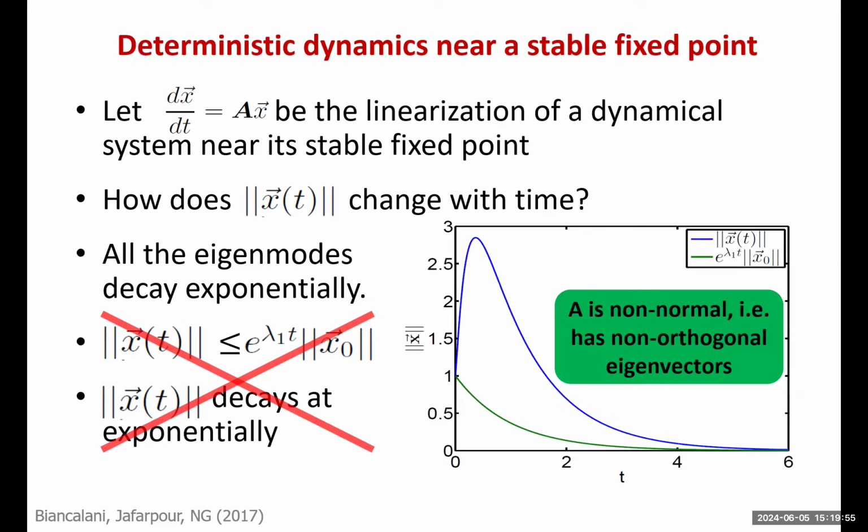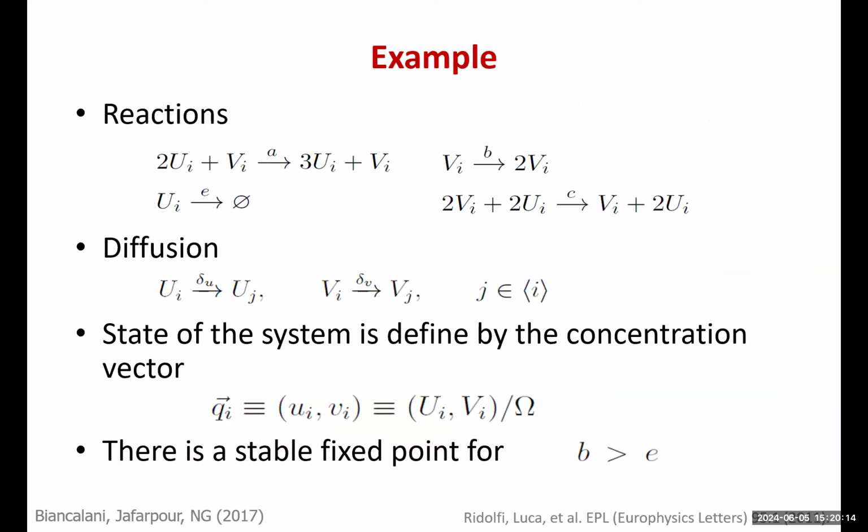So the A has non-orthogonal eigenvectors, and then when you work out the behavior, it does eventually decay to 0, but the behavior in time is non-monotonic. And you can demonstrate this. I'm not going to go into it in detail.